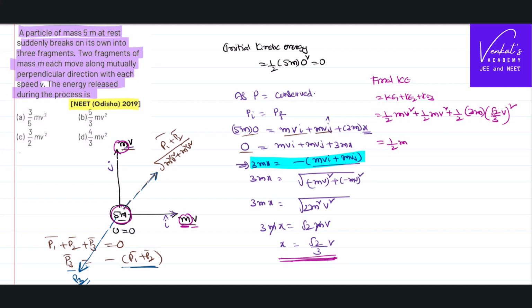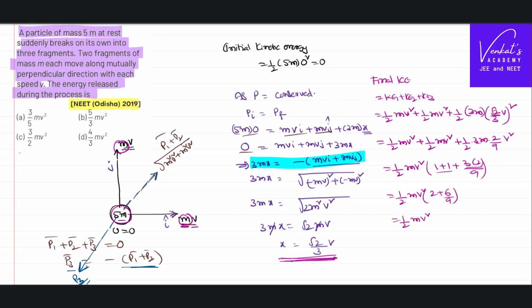So how much is this? Let us simplify. Half mv square plus half mv square plus half 3m. Root 2 whole square is 2, 3 square is 9, v square. If I take half mv square common, it is 1 plus 1 plus 3 into 2 by 9. So half mv square of 2, since 1 plus 1 is 2, plus 3 into 2 is 6 by 9, which is 2 by 3.